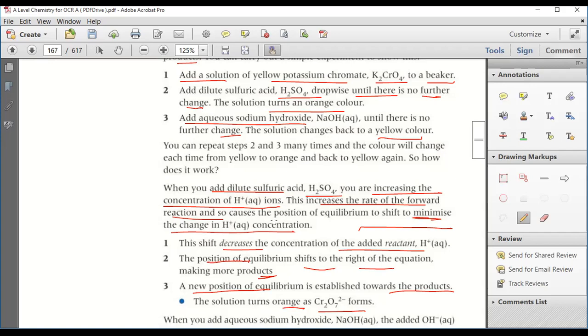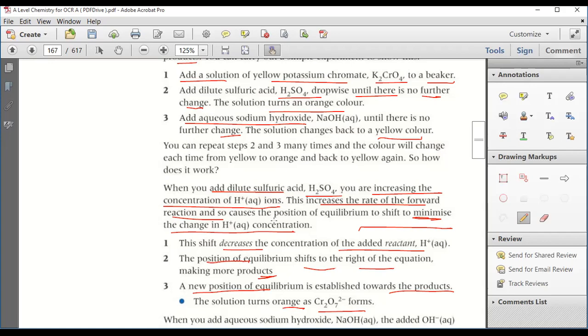This shift decreases the concentration of added reactant H+ aqueous. The position of equilibrium shifts towards the right of the equation, making more product, and a new position of equilibrium is established towards the product.